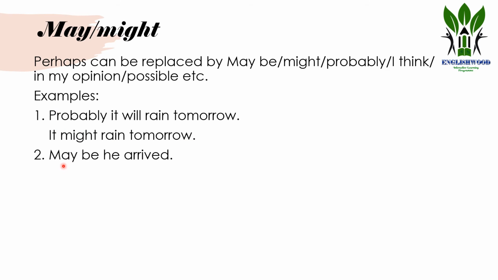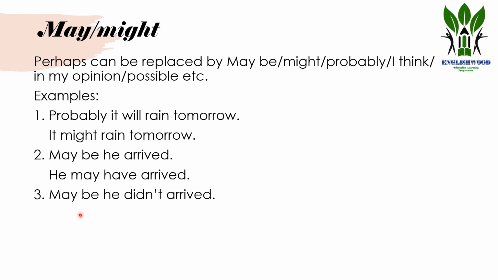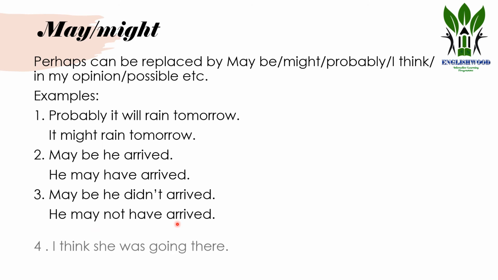Now, maybe he arrived, then he may have arrived. He arrived means have arrived. He worked hard means have worked hard. Similarly, he may have worked hard. Maybe he didn't arrive. Didn't arrive means he may not have arrived.